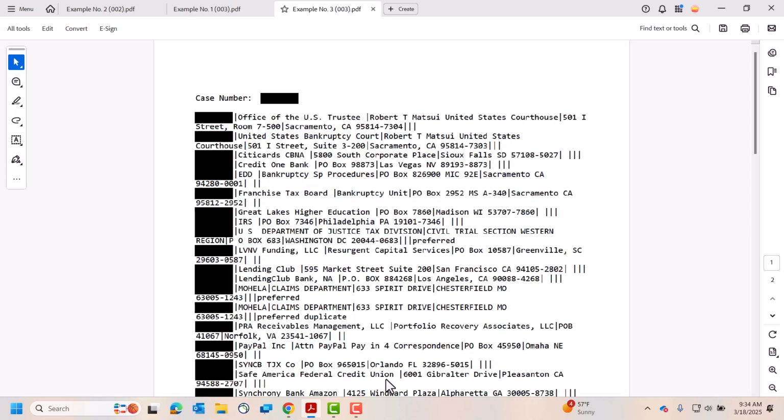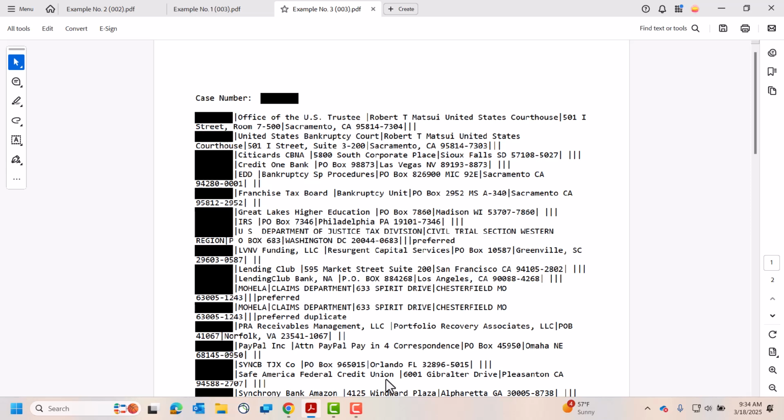That matrix can be downloaded from CMECF and is the subject of separate videos. Do note, the list of creditors must be downloaded within 7 days of service. Lists downloaded 8 or more days prior to service are stale and do not provide a reliable list of persons entitled to notice.